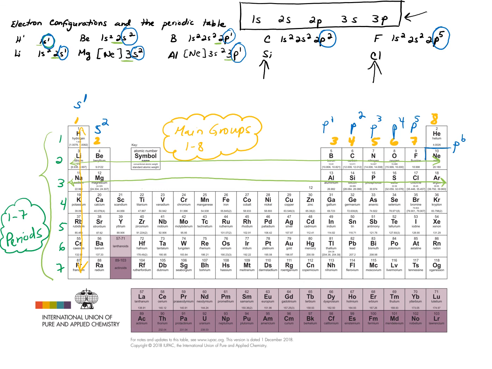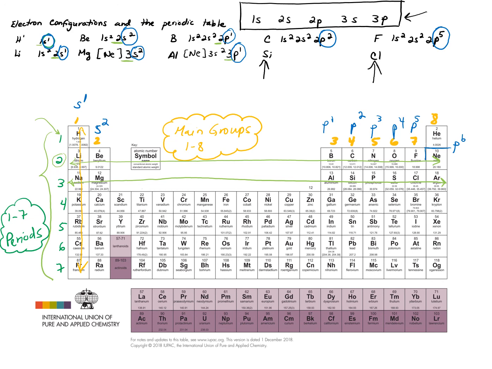Hydrogen 1s1, 1, because hydrogen is in period 1 in the periodic table. For lithium and beryllium, the number that you have with s1 and s2, for lithium it's 2 because lithium is on the second period in the periodic table.